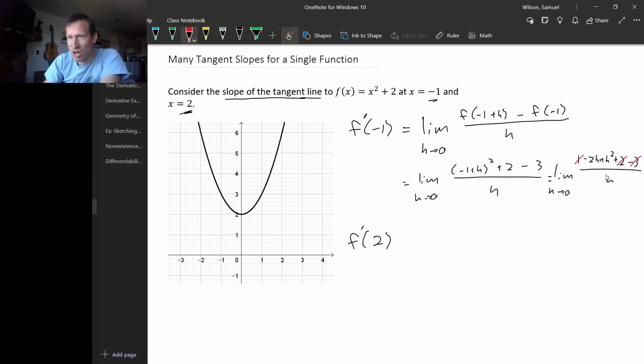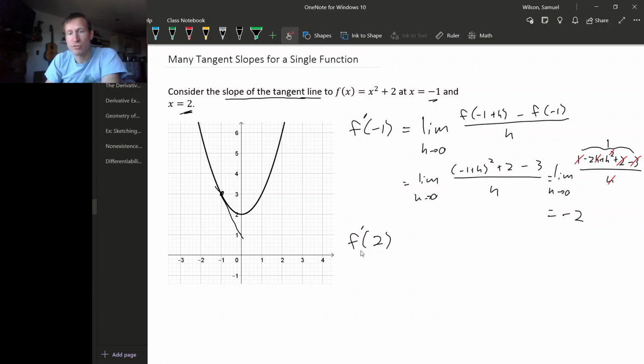And now we have a common factor of h in the denominator and numerator, so we can cancel a factor of h. And then take the limit as h goes to 0, right? The remaining stuff here is a polynomial in h, so we can plug in h equals 0 to get the limit, because polynomials are continuous, and we just get minus 2. Okay, fair enough. And sure enough, it looks like at minus 1, the slope of the tangent line is about minus 2.